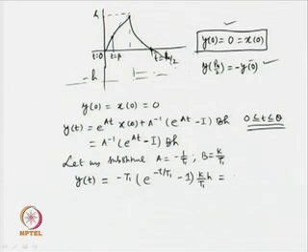So, which becomes k h 1 minus e to the power minus t upon T 1. So, this can be plotted now.